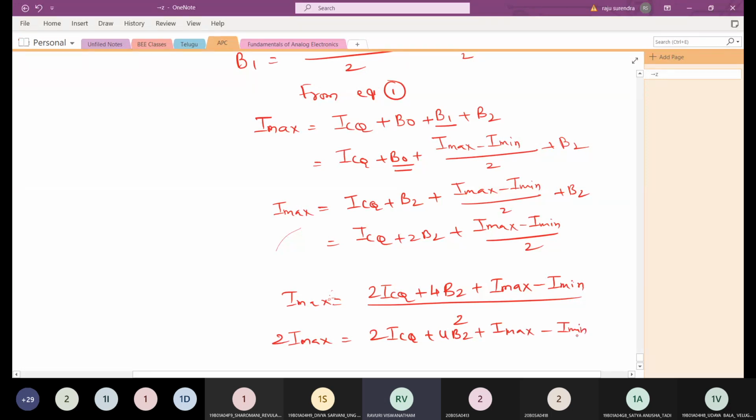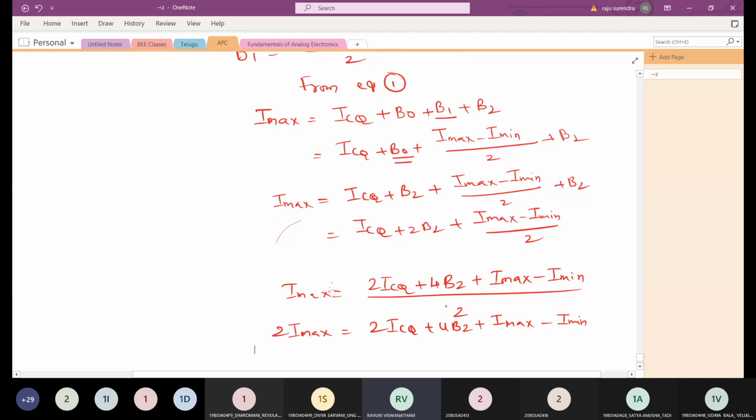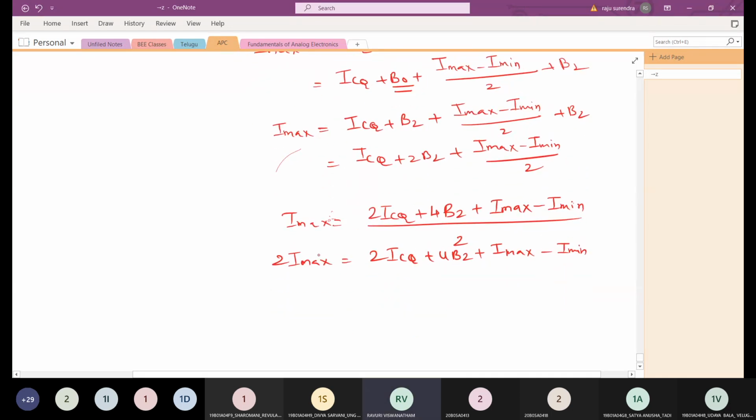2I max minus I max, is it right? So I max plus I minimum minus 2ICQ is equal to 4B2.